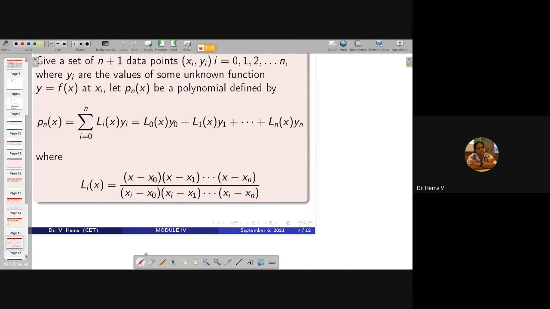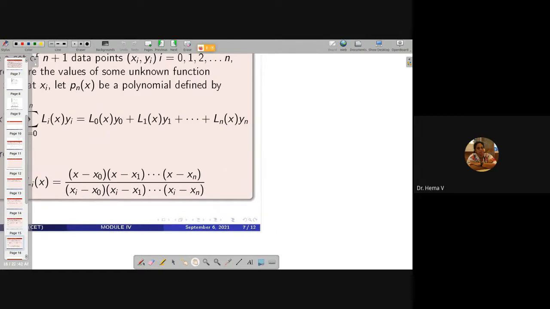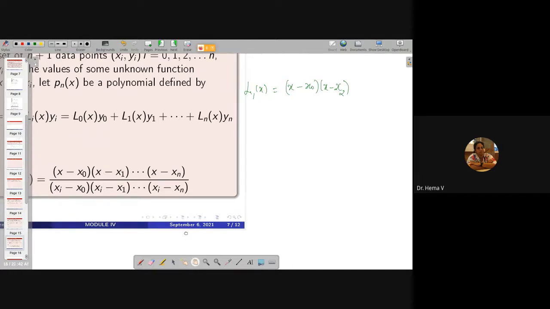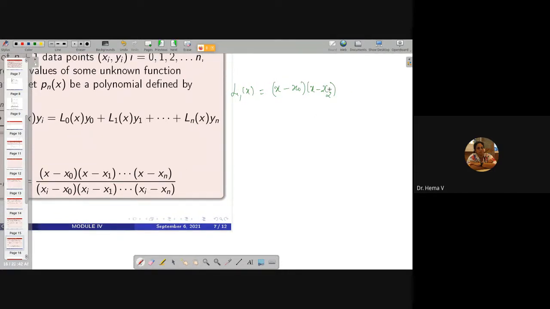Or you can say, suppose you are going to find L1 of x. This will be x minus x0 into x minus x2, skipping x1 here, etc., x minus xn, the whole divided by x1 minus x0, x1 minus x2, etc., x1 minus xn.